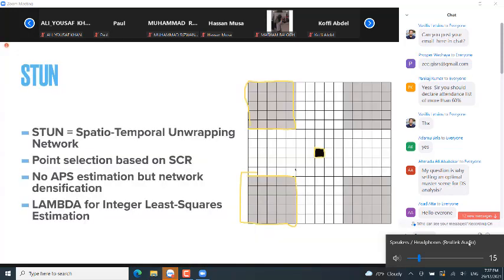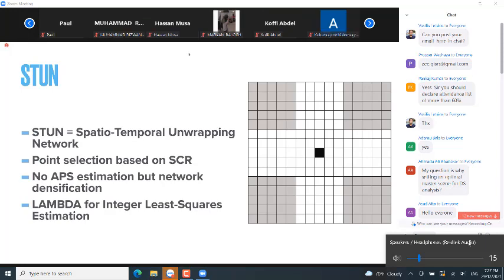So that's why the SCR is not commonly used anymore. Nevertheless, it is also a good way to find stable points, if you ignore the problems of maybe not being able to really estimate the signal to clutter ratio well.